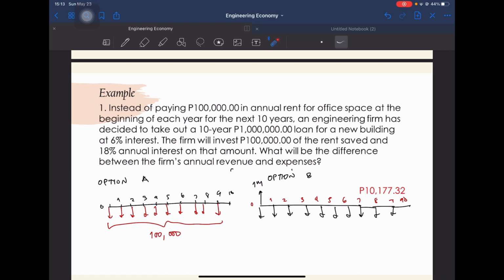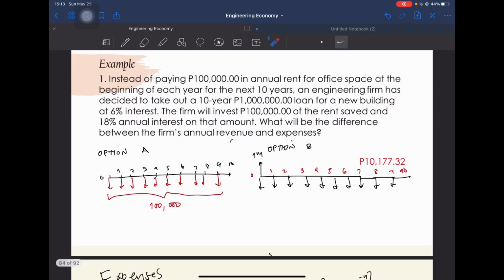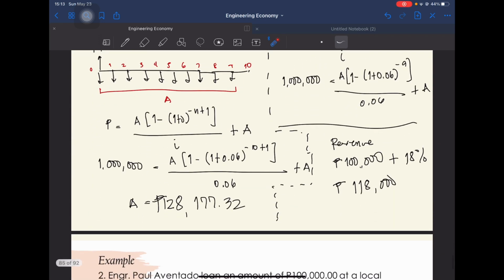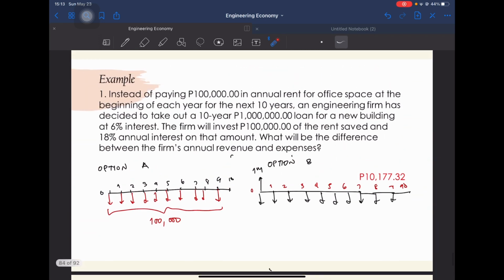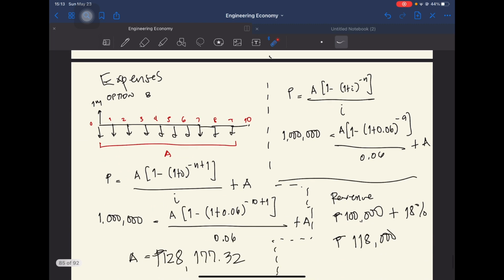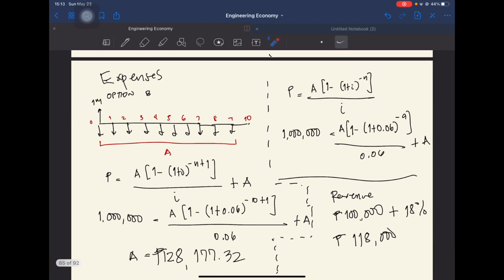So, minsan ginagamit to to decide on something if you are going to rent or you are going to buy. Okay? Pero if this business plans to run on more than 10 years, then buying a building might be a better option.